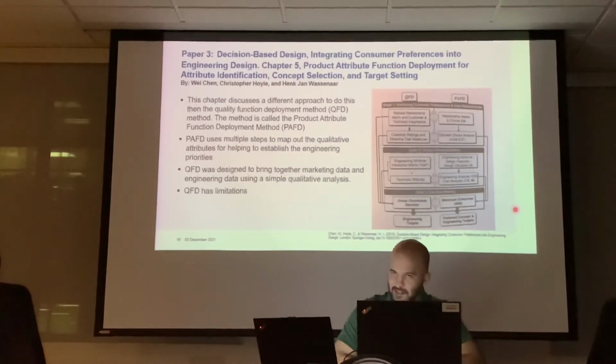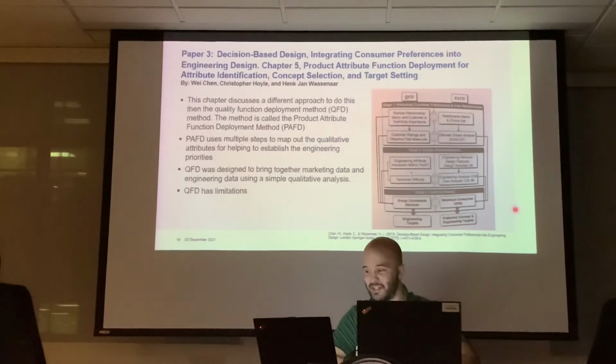Now, there are limitations to QFD though. The first limitation is that it only uses customer and competitor information to set targets. It does not take into consideration other attributes like market share or potential profit. This lack of inclusion of such elements can lead to QFD setting targets that can't be achieved. Also, QFD assumes that every customer preference is the same, so that it can be characterized by a group utility function.